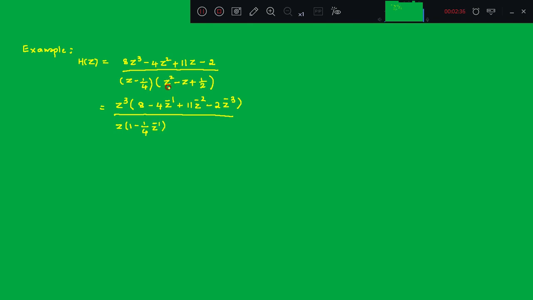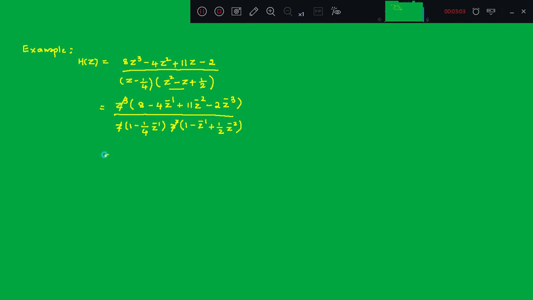And from the second term, which term has the highest power? z square, right? So I will take z square, so that I will get 1 minus z raised to minus 1 plus 1 by 2 z raised to minus 2, right? This z and this z square make z cube, and this z cube and the numerator z cube get cancelled.